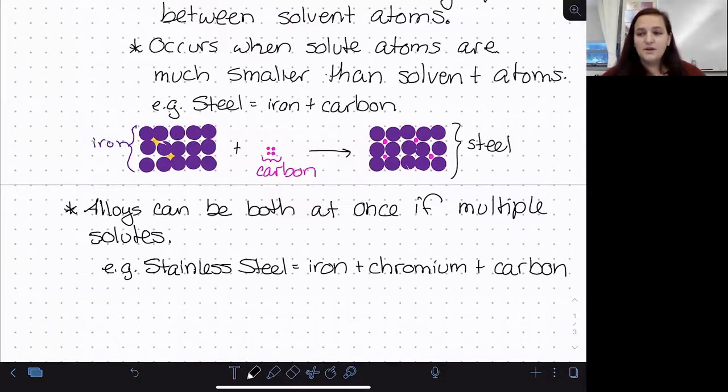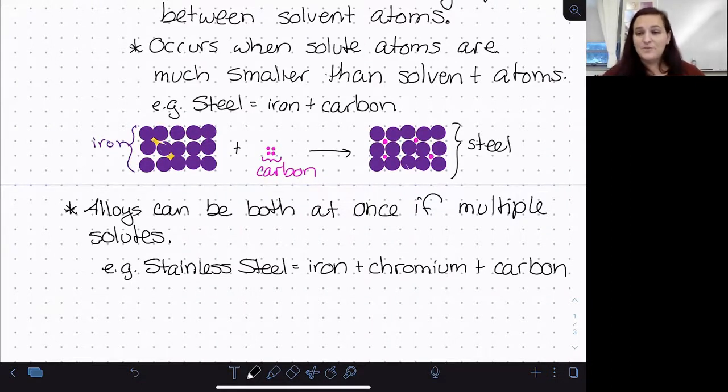And chromium is particularly notable for its resistance to oxidation. Rust is oxidation, the chemical process that's happening when something rusts. And the addition of chromium into this prevents that, because chromium is really hard to undergo that process.